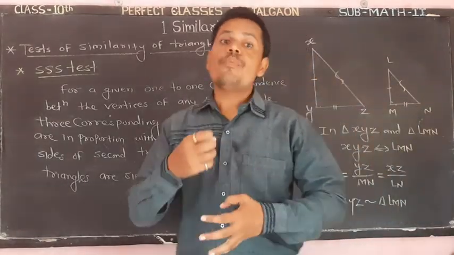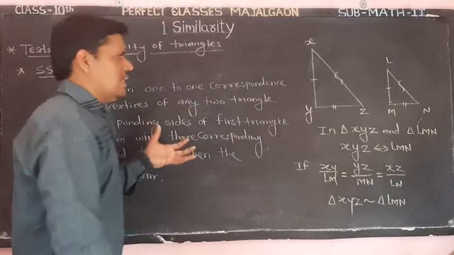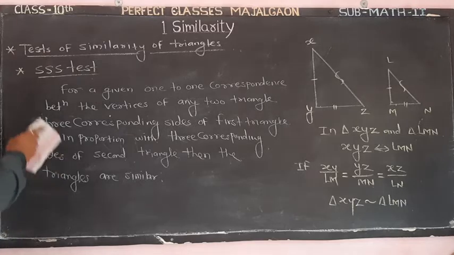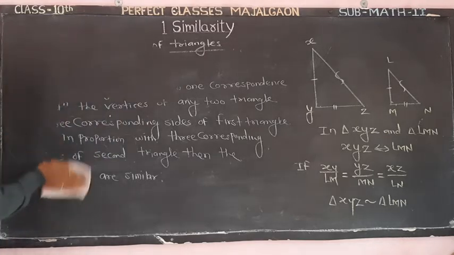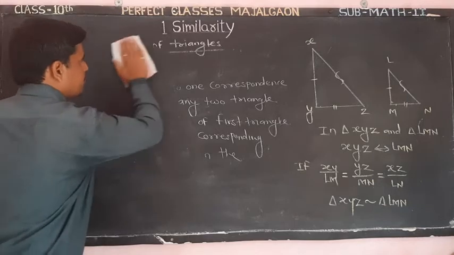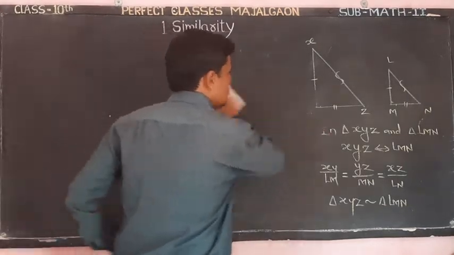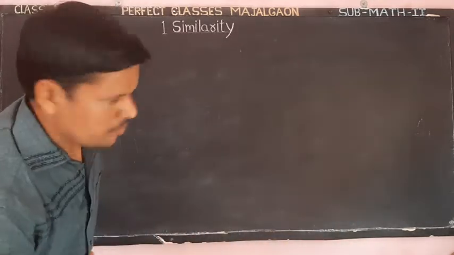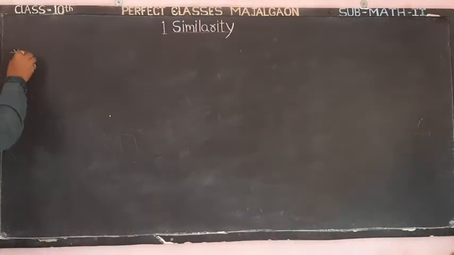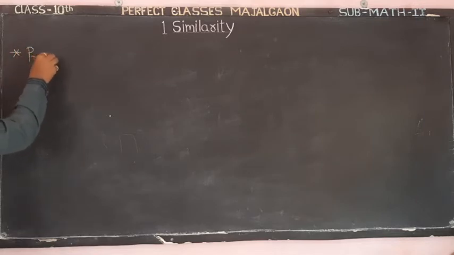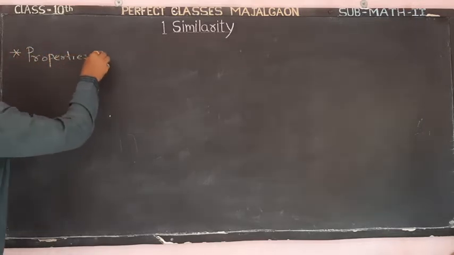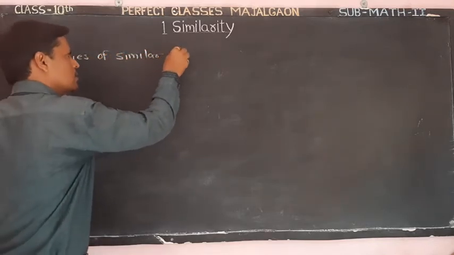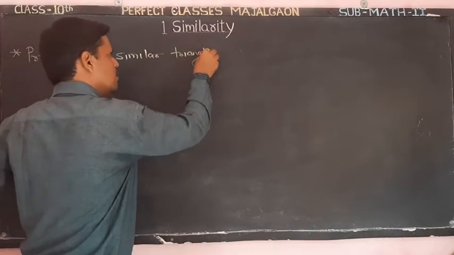Now we see the properties of similar triangles. These are the tests. Now the properties of similar triangles. There are three properties of similar triangles. What are the properties? Properties of similar triangles.